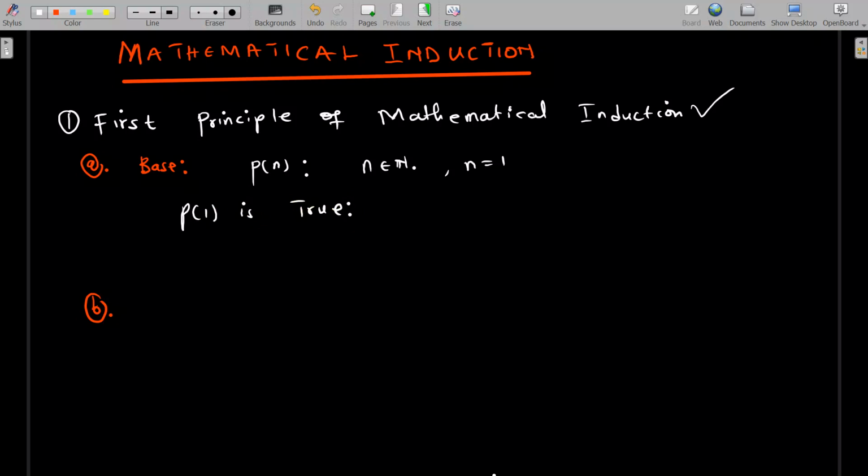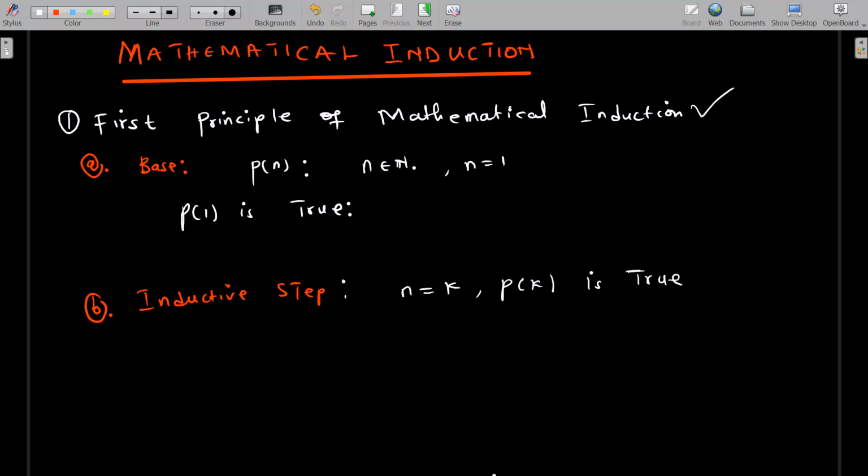When you show that, the next thing to do is what we call the inductive step. With the inductive step, you assume that for some arbitrary n equals k, p of k is actually true.